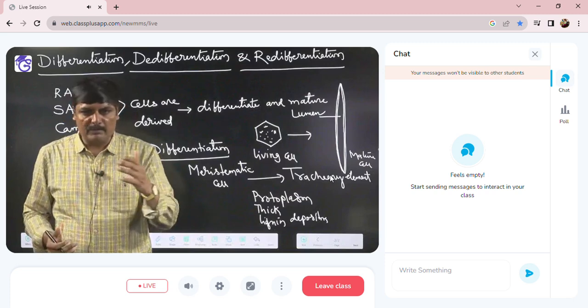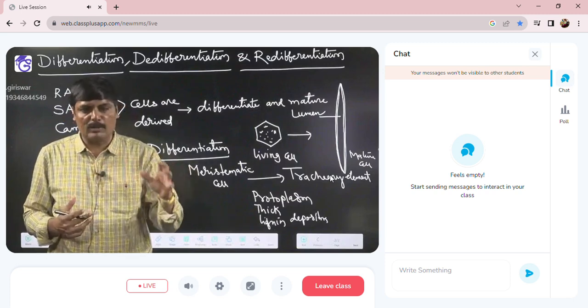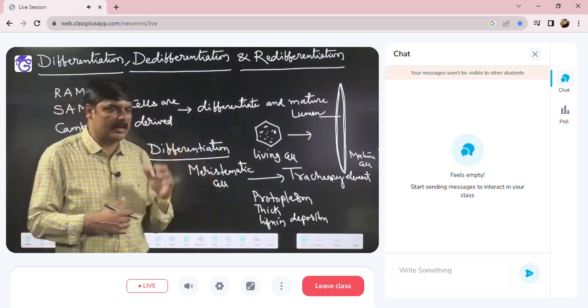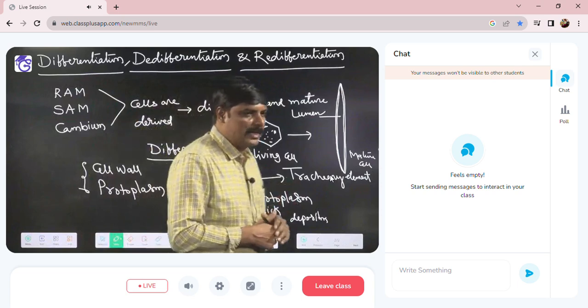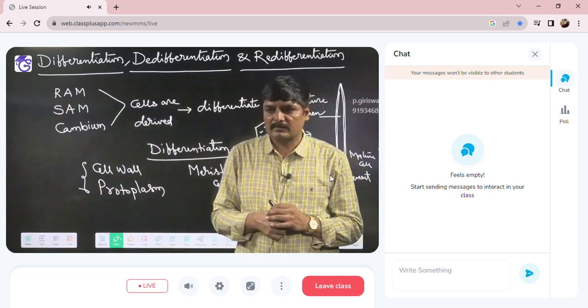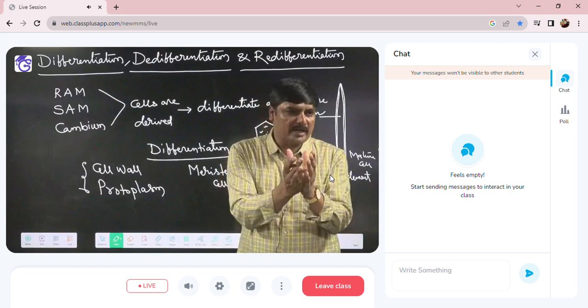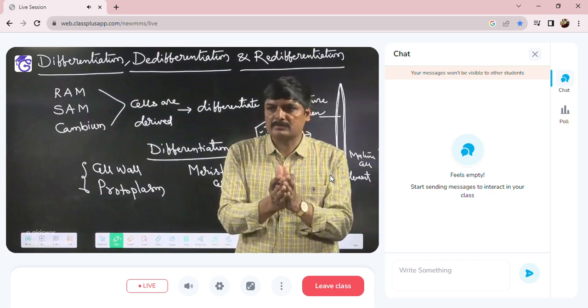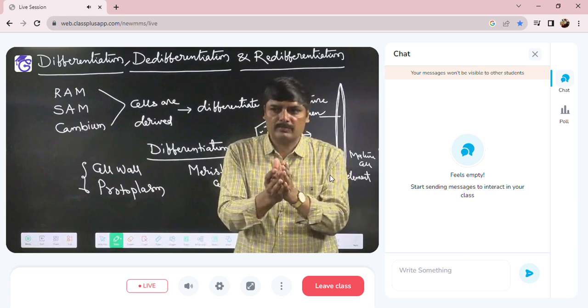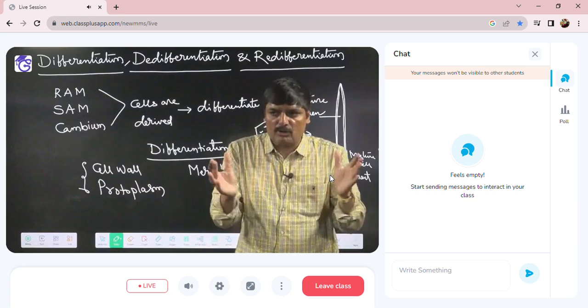It may become a parenchyma, or a collenchyma, or a fiber, or a sclereid, or a xylem, or a phloem. Like that, because the embryo contains meristems. So meristems are present in the embryo. This embryo undergoes differentiation.